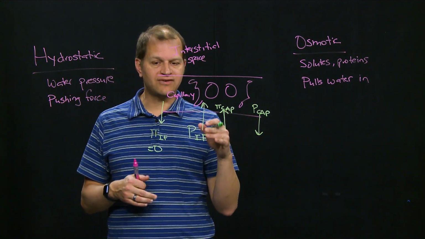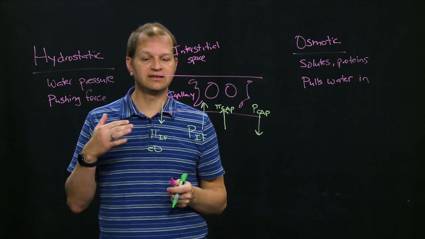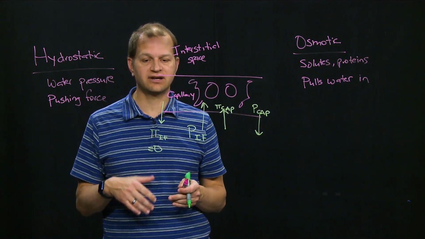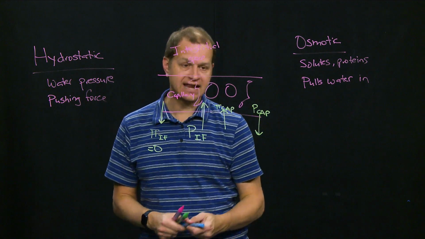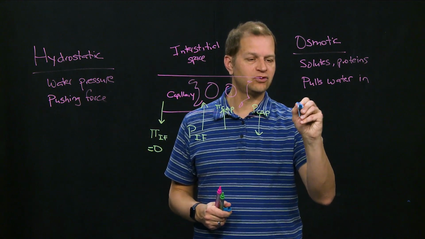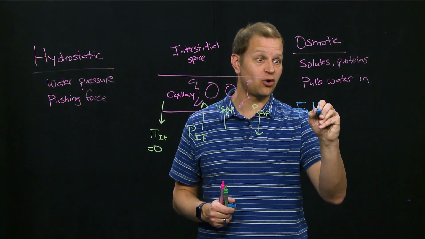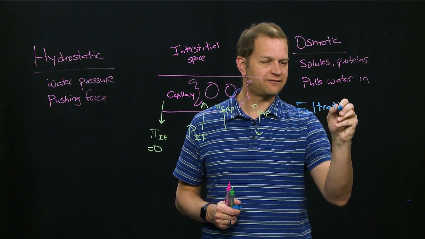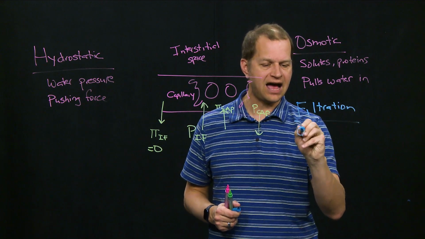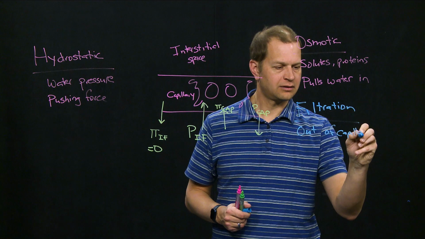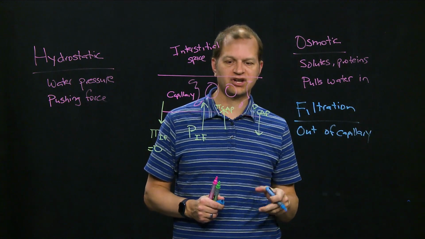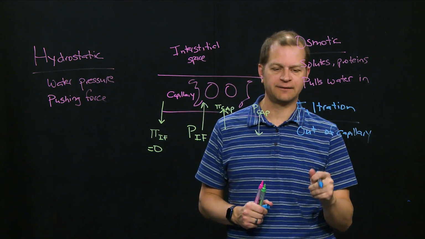So notice that we've got two forces that are causing fluid to leave the capillary and two forces that are causing fluid to enter the capillary. Any force that causes fluid to go out of the capillary is a filtration force. So what forces are causing fluid to leave the capillary?